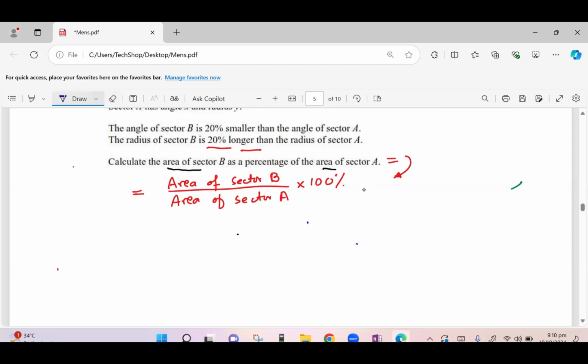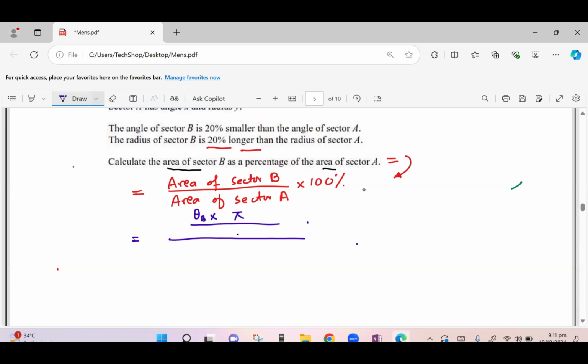And recall the formula of the area of sector: theta over 360 times pi r square. So for B it is theta B, the angle B, times pi times the capital R square, because radius B is greater than radius A, divided by 360 degrees. In the denominator, for the area of sector A, it will be theta A, the unknown angle.